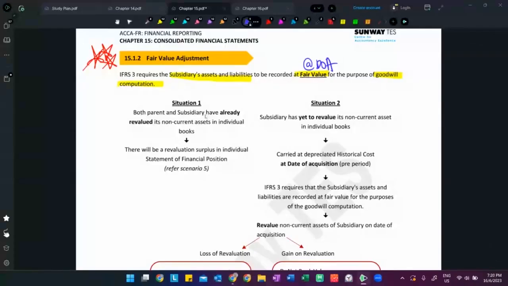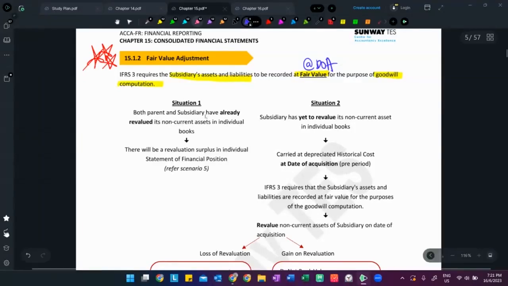So if the assets and liabilities are recorded at carrying amount in the subsidiary's books, then the parent will have to make an adjustment to record them at fair value for consolidation purposes. This is what we call a fair value adjustment.